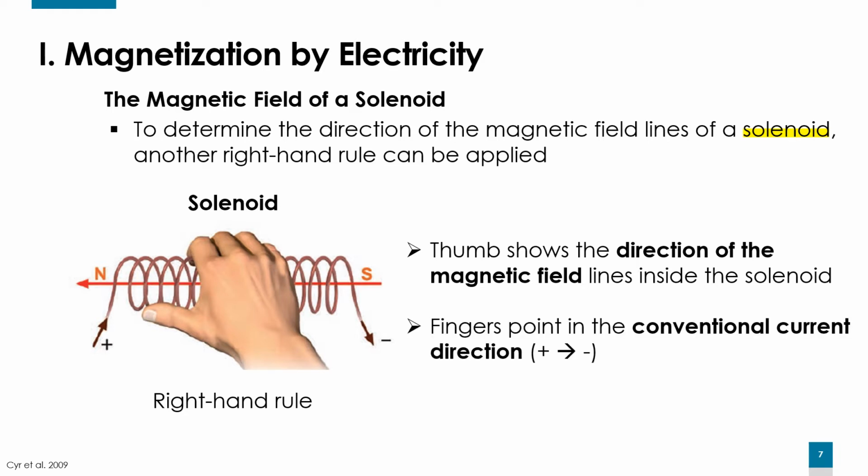So it's going to be from here to here, okay? The arrow shows the direction of the magnetic field. And my fingers will point to the conventional current. So my conventional current starts here, goes in a loop and goes out here. So my fingers will show the direction of the electric current, okay?